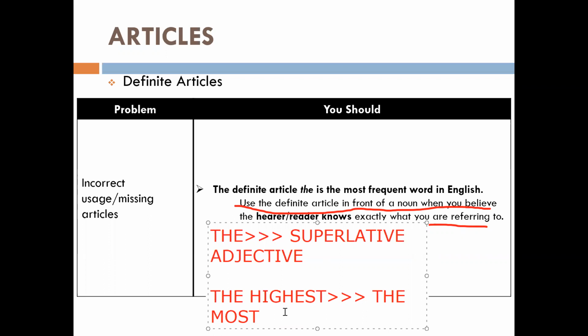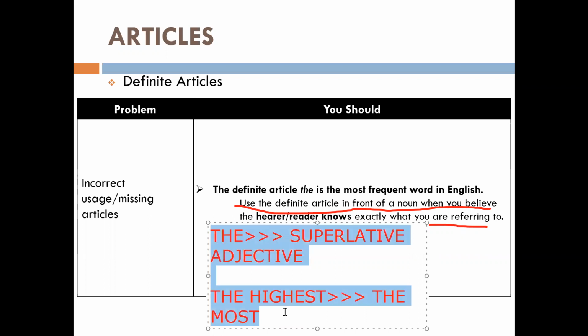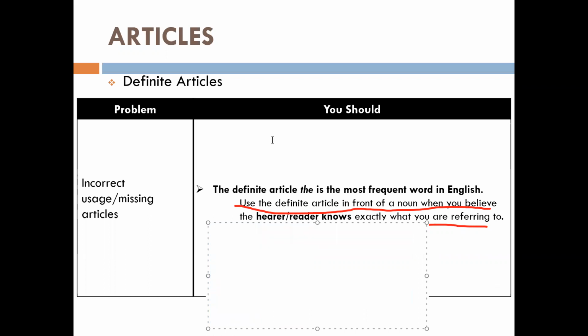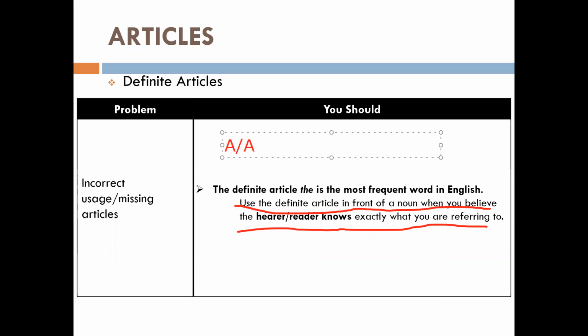Yes, sir. What about po si article A at saka si article an? Ginagamit din po ba natin siya sa adjective? Yes, ginagamit din natin siya sa adjective. Si article A at saka si article an, pag yung adjective mo, walang superlative degree.